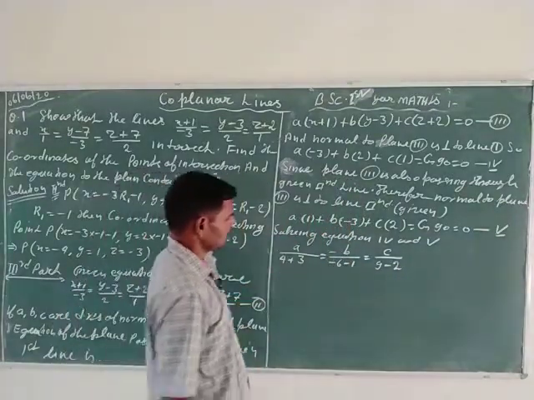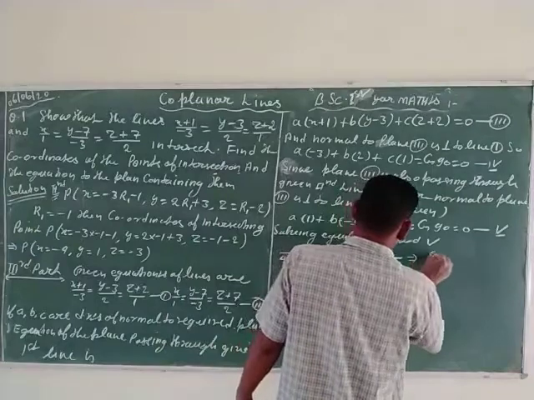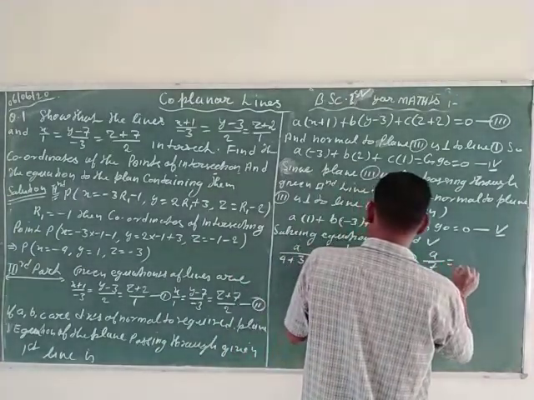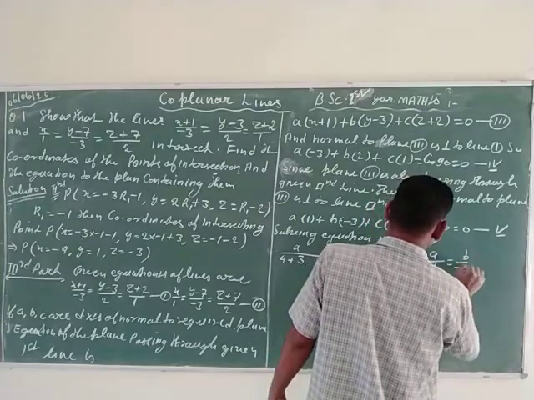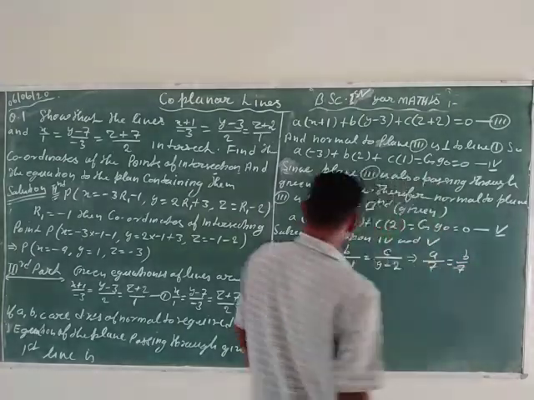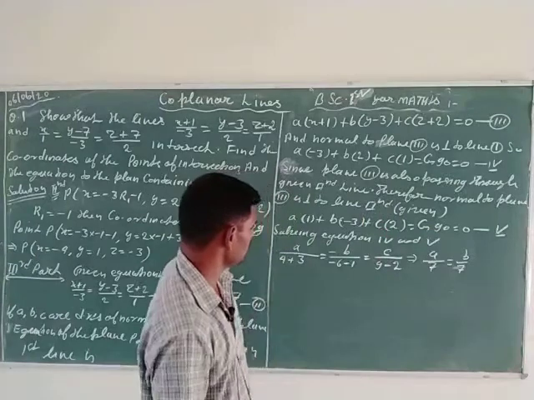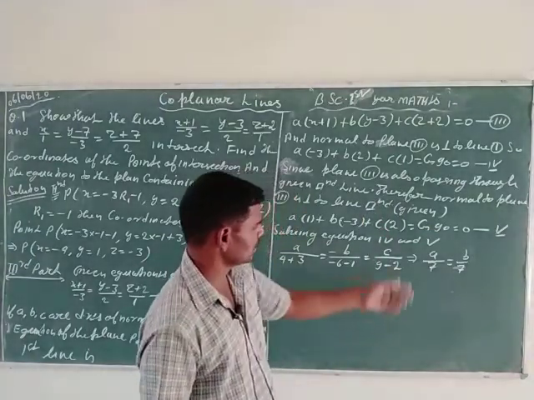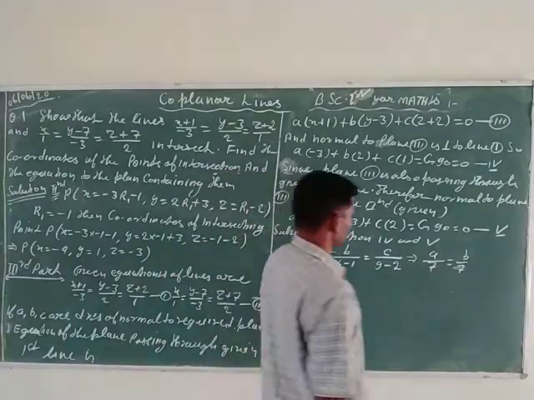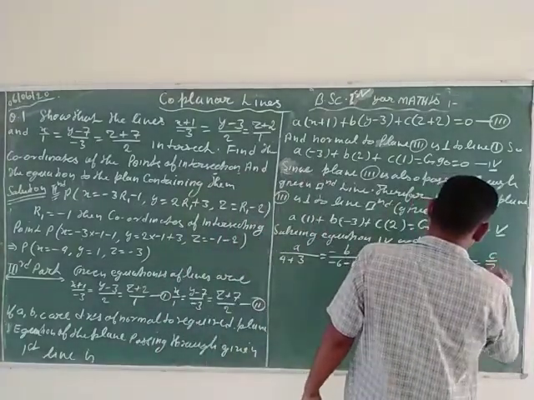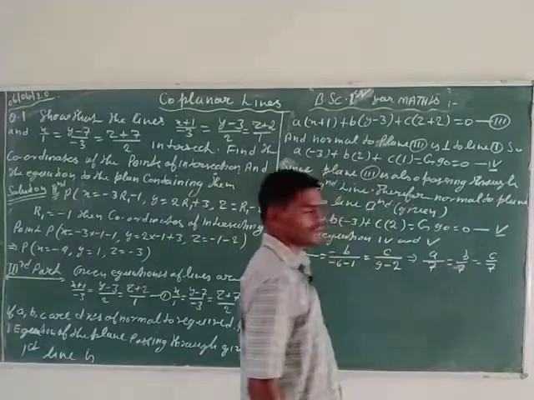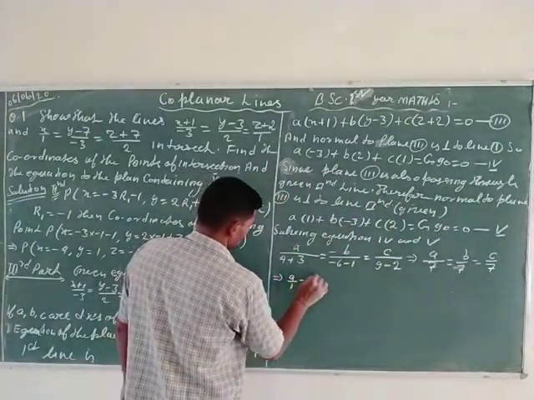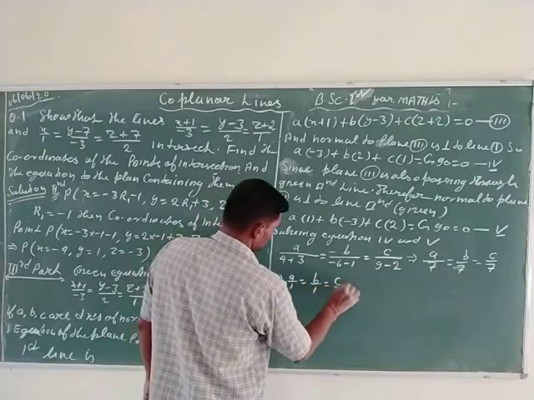After simplification you can write a by 7, and b by plus 7, here -6 minus 1 is -7, negating each other in numerator and denominator. So write plus 7, and 9 minus 2 is equal to 7. 7 is the common ratio, so it implies a by 1, b by 1 and c by 1.